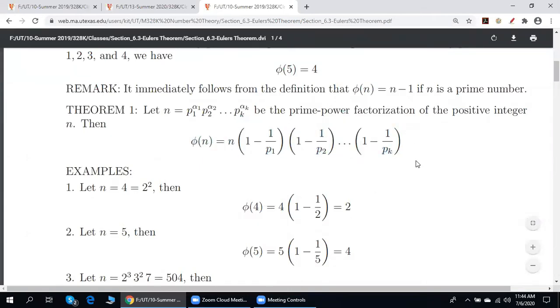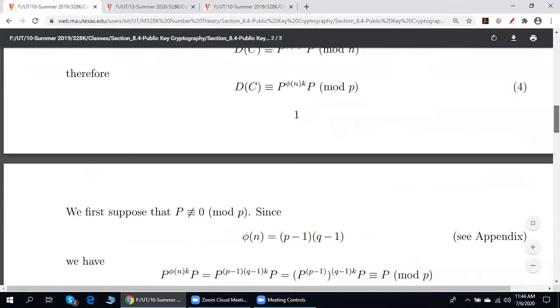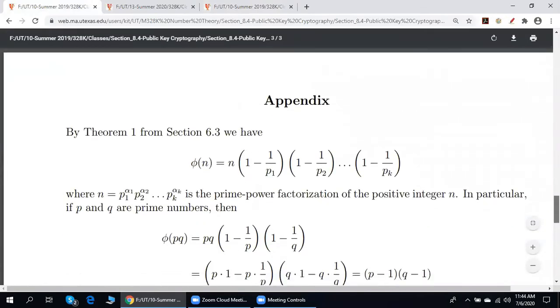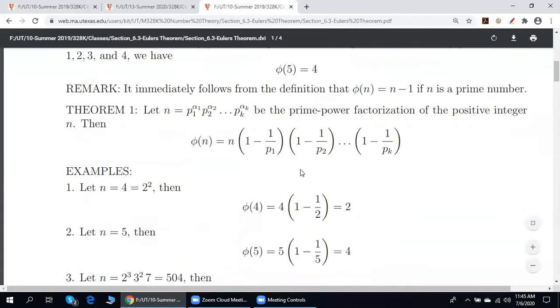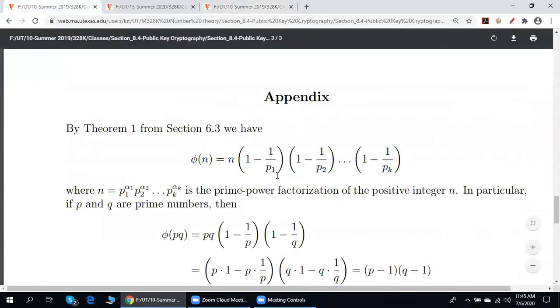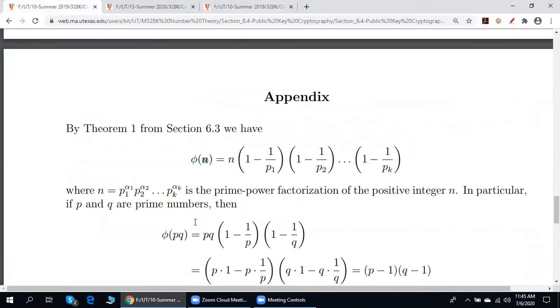Note that we can easily find phi of n if the factorization of n is known. Please take a look at the appendix. Once again, over here, we have the same formula. Now, in particular, if n is equal to pq, we replace n by pq here and here, done.